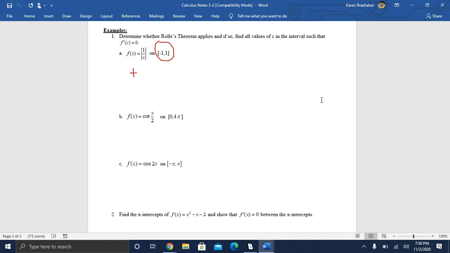F is not continuous on the interval from -1 to 1 because x cannot equal 0 in that function. So anytime that you have a variable in the denominator, you should be suspicious about the continuity.